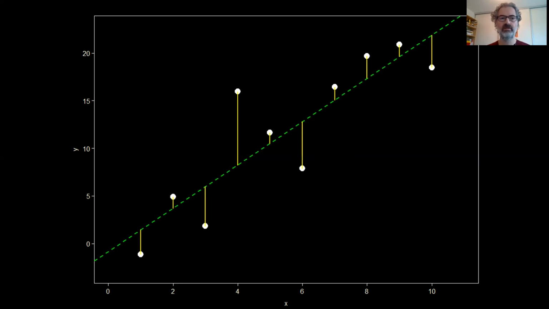Note that these are all vertical from the line because they're the differences between a predicted and an actual data point. So for this particular line, if we have x equals 2, the actual value of the data point is near 5, but the predicted value on the green line here is about 4. So this is how much we are off. This is our error for x equals 2.